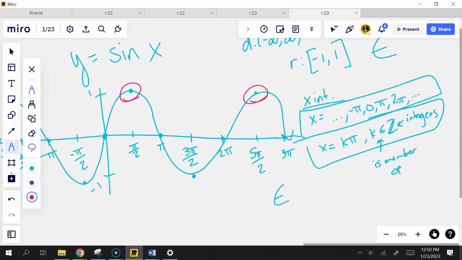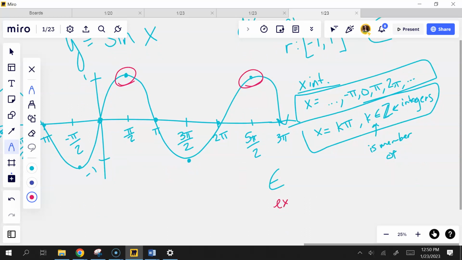All right, so I have maximums occurring at x equals. Look what's happening. Pi over 2, 5 pi over 2. What would the next maximum be? So 1 pi over 2, and then I jump to 5 pi over 2.